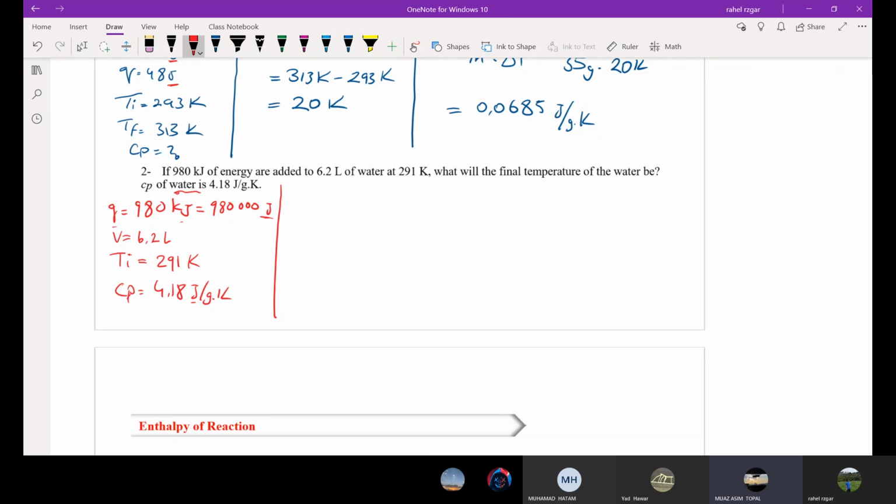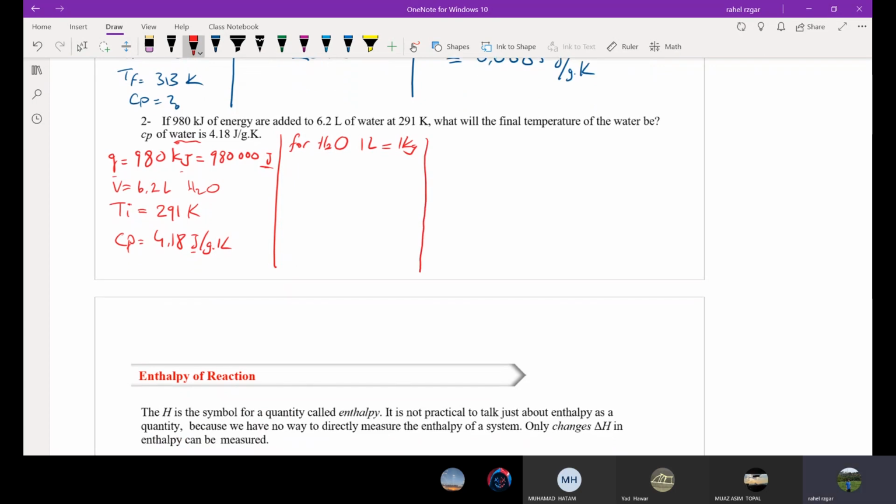If we knew the density, we could find it. Very good. Since it's water, 6.2 liters of H2O, and the density of H2O is 1, that's why for H2O, 1 liter means 1 kilogram.